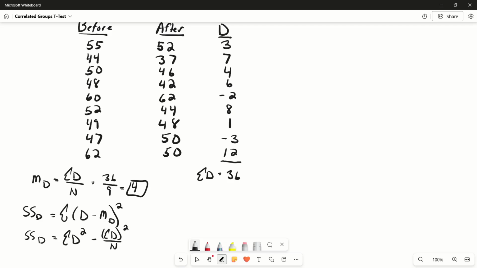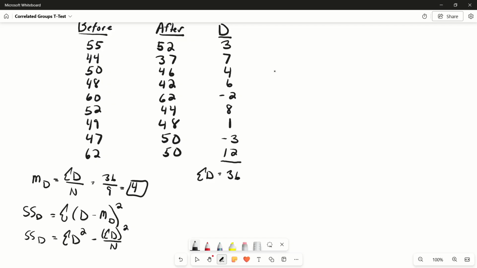Remember, this is similar to what we did for variance previously, where it was the sum of x squared minus the sum of x, squared, over n. All we're doing is substituting d in here for x. So I prefer to do it with the d squares because this gets rid of the negatives for the most part. So you don't have to worry about doing negatives minus negatives and squaring that difference. So I'm going to do it this way for these kinds of problems.